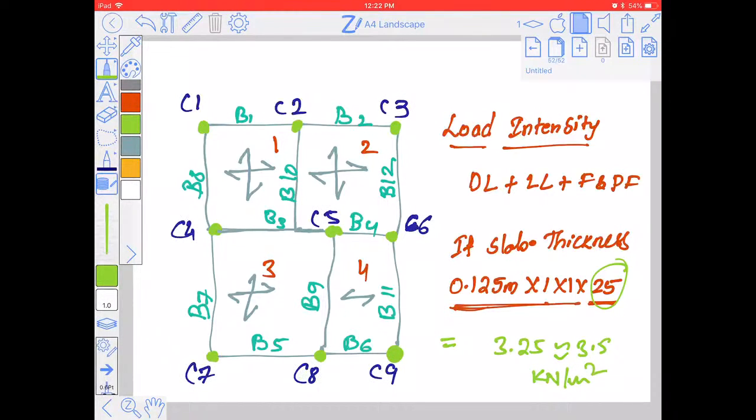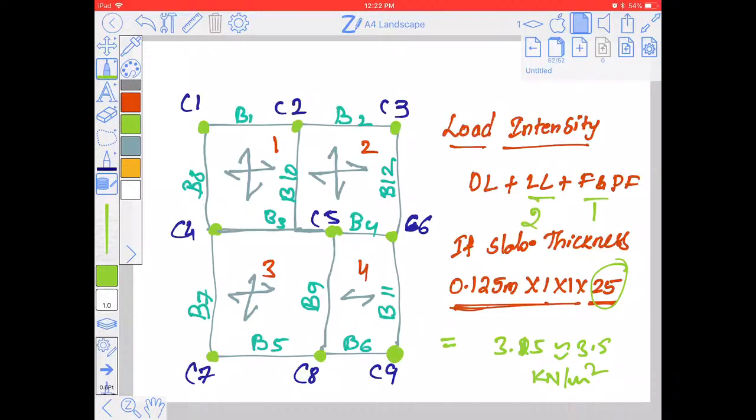And live load, for residential live load, I will be taking 2 kilonewton per meter square. Floor and plaster finish I will be taking 1 kilonewton per meter square.